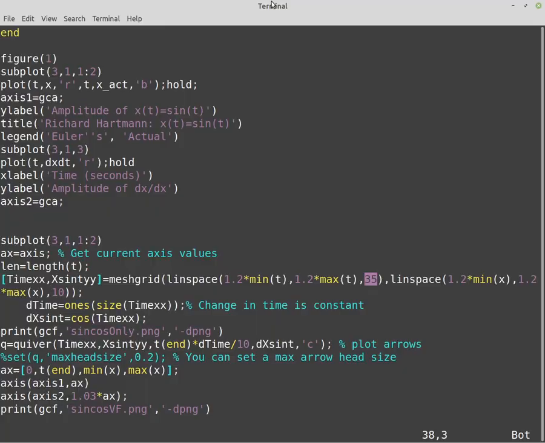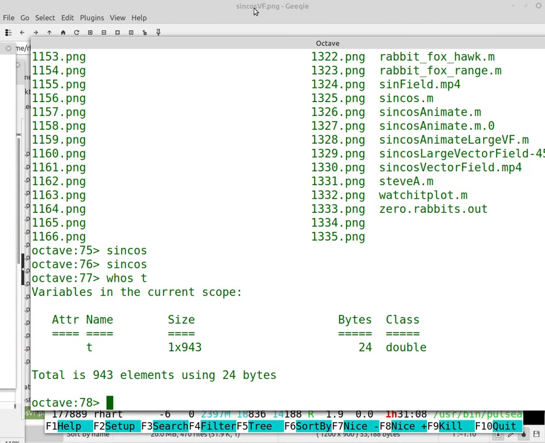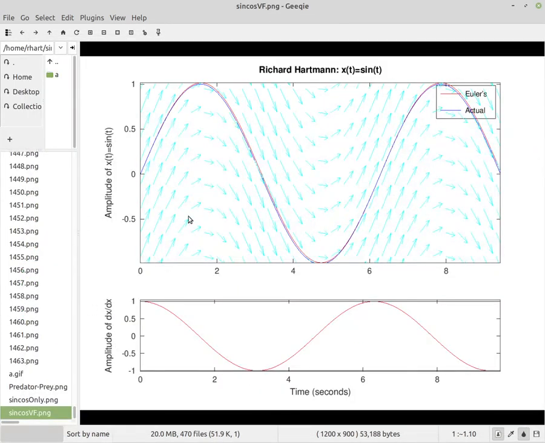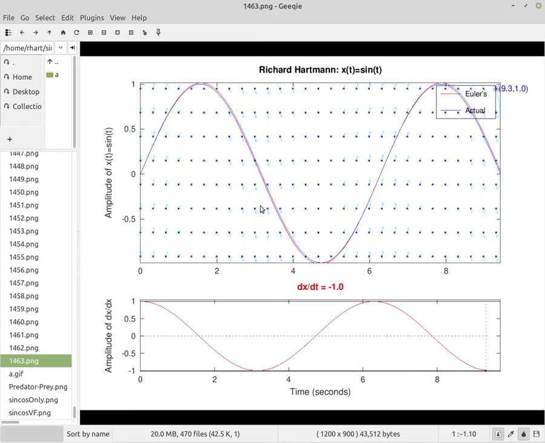So if we go back and look at this plot here, there's basically 35 values of t, all these blue dots. So there's 35 blue dots in the x direction and 10 in the y direction.